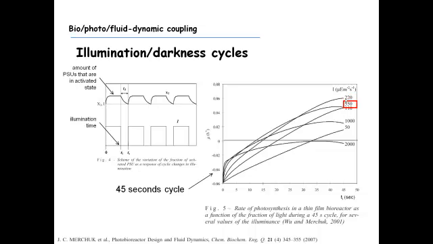But if you increase further the intensity of light, things start to change. From 220 to 550, you see that the maximum productivity decreases.